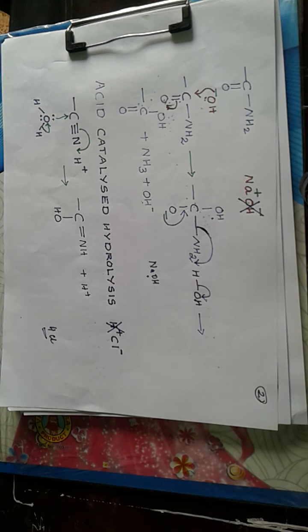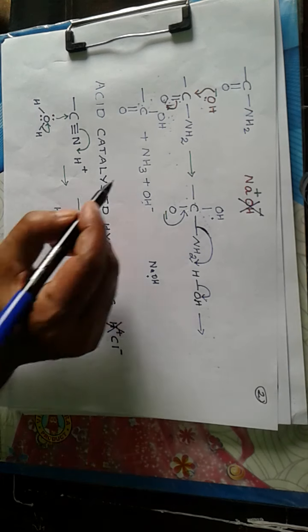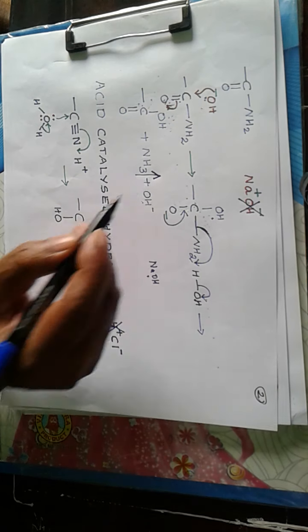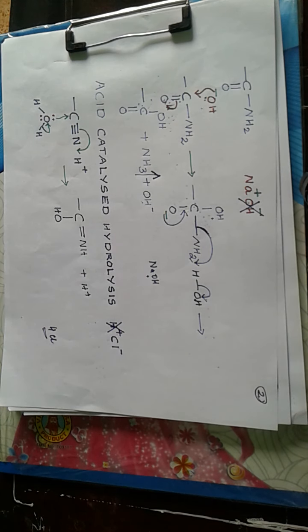So in reaction with sodium hydroxide, a cyanide or again an amide can liberate ammonia gas. Ammonia gas has a pungent, peculiar smell. So this is a test for an amide or cyanide, because during hydrolysis, if the hydrolyzing agent is an acid, ammonia will react with the acid producing the ammonium salt, which has no smell.